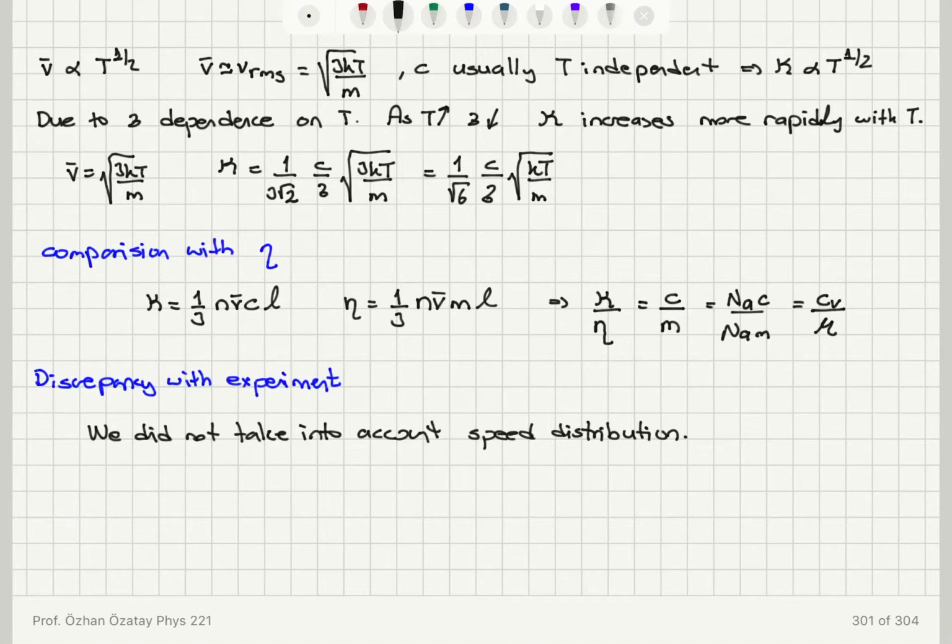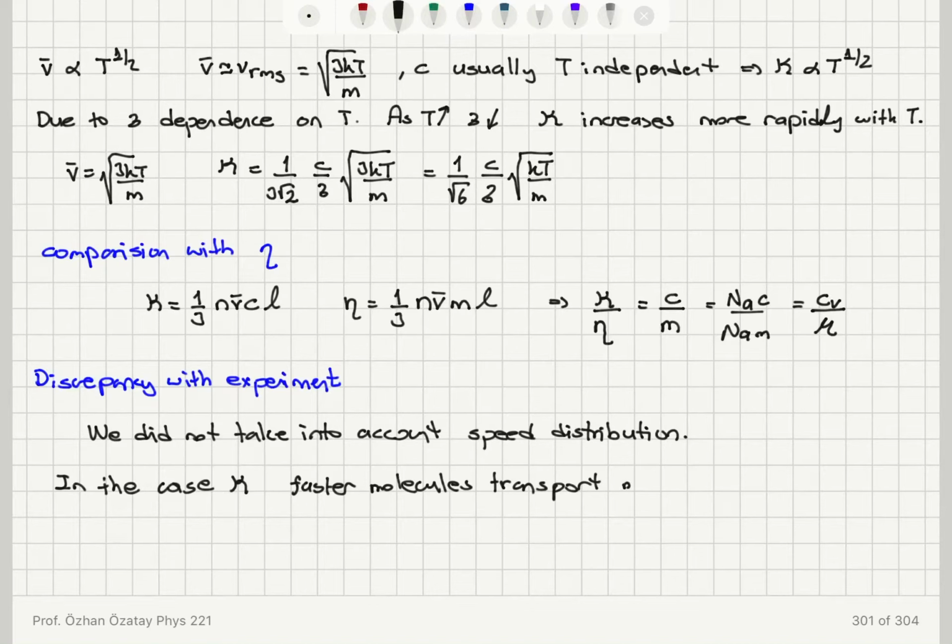In the case of thermal conductivity, kappa, faster molecules will transport more energy.